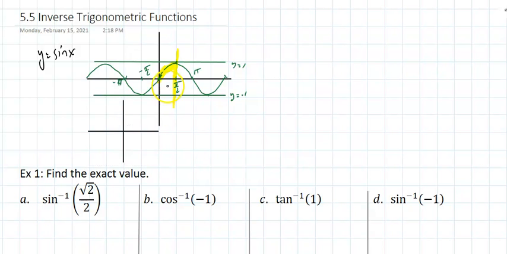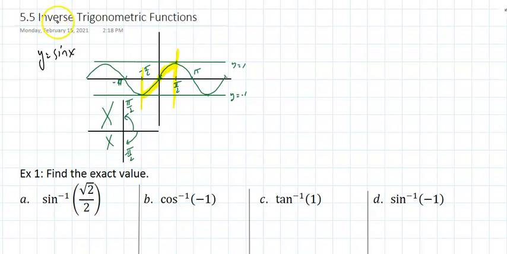So I could start at 0 and I could run all the way to pi over 2. I cannot exceed pi over 2. And if I move in a negative rotation, I could move as far as negative pi over 2. And if I exceed that by even a bit, that wouldn't be one-to-one.